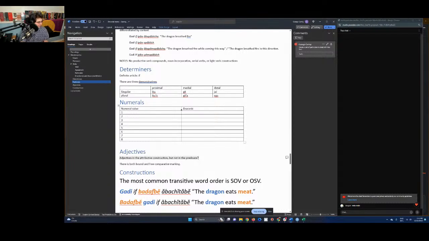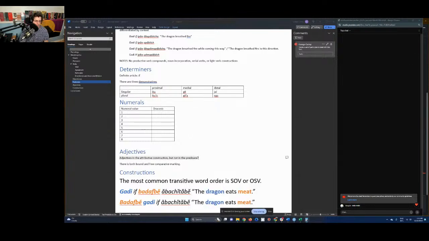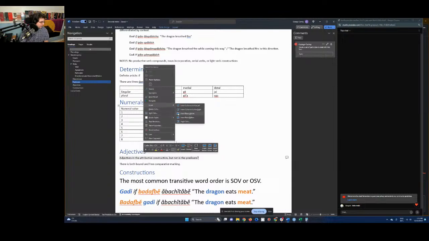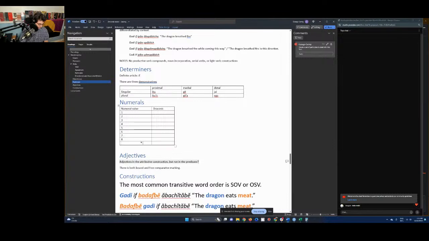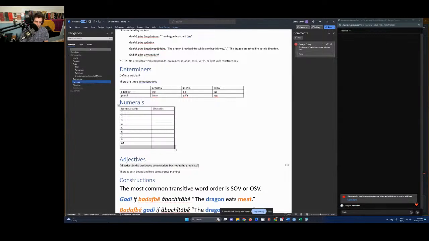At minimum, we've got to start with 1 through 8, and then we have to do 8 squared, which is 64, and then 8 cubed is 512.